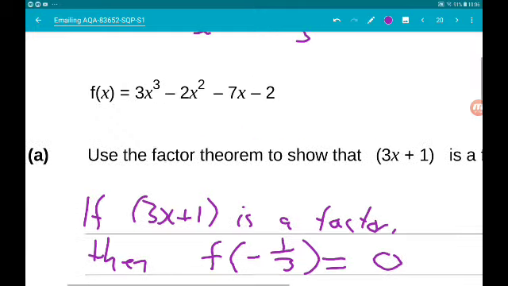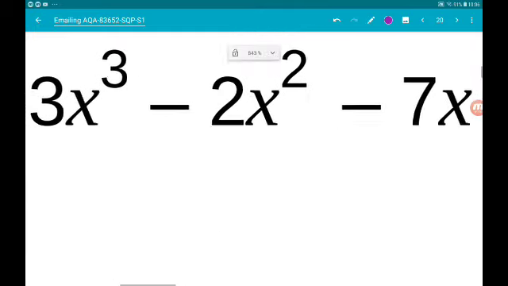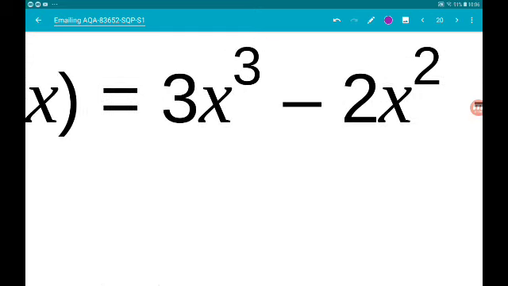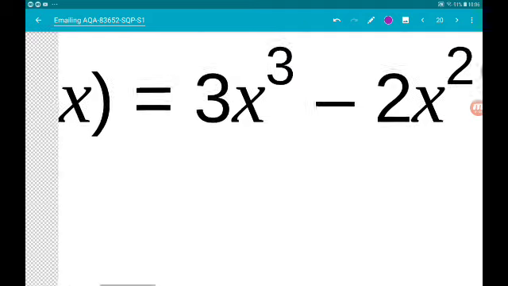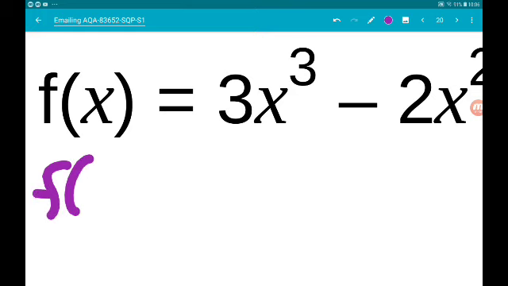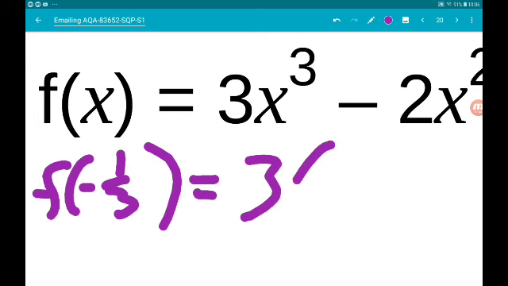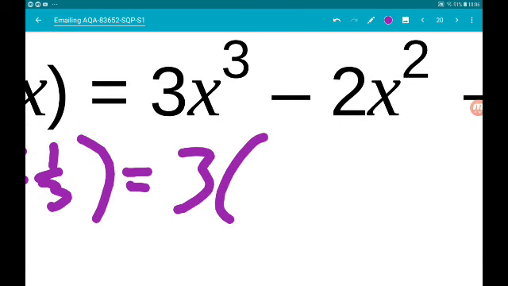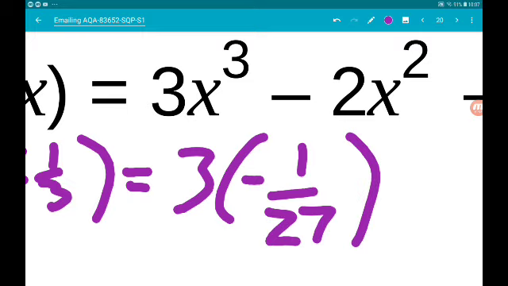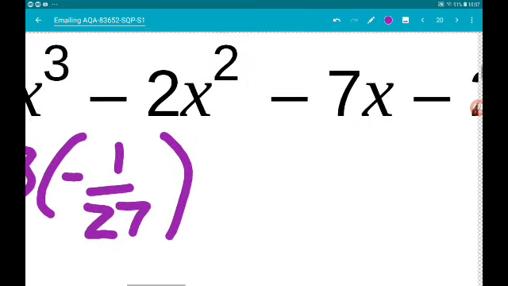So, let's try it. So, 3 lots of minus a third cubed. Well, we got 3 lots of minus a third cubed is minus 1/27. Remember, this is a calculator paper.